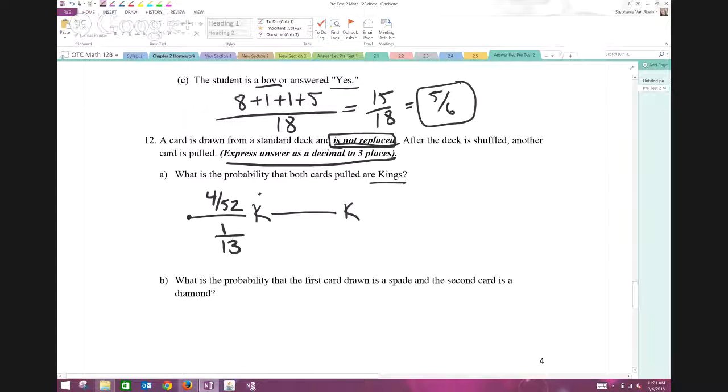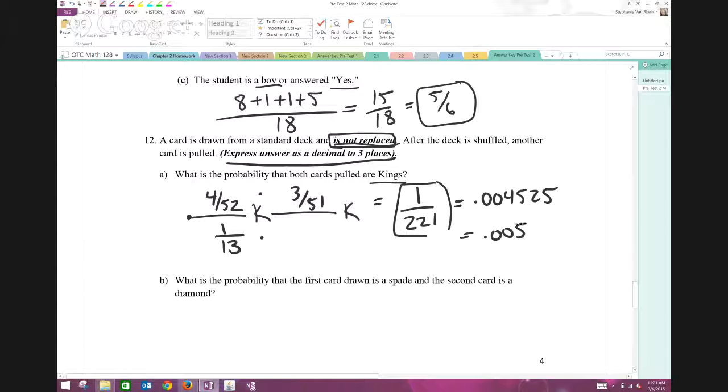Then I multiply that by 3 out of 51. Your calculator, you should be able to put that in. It simplifies to 1 over 221. This is why I want the 3 decimals. If you plug that in, you get 0.04525, which is 0.005 if I round to 3 decimal places.